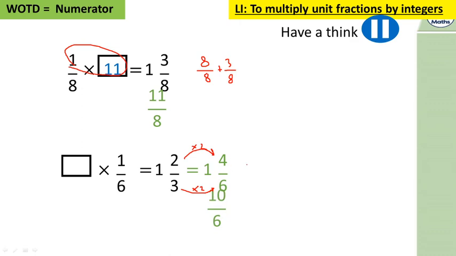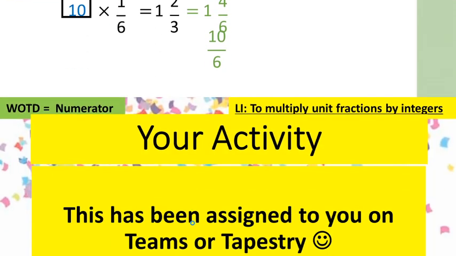So remember, 1 whole is the same as 6/6 plus the 4/6 you already had, and that equals 10/6. Or you can remember the other quicker method I taught you, which was the whole number times the denominator, 1 times 6, plus 4, which is 10. The 10 goes on the top. So remember, only the numerator changes. 1 times what is 10? 10. 10 times 1/6 equals 10/6.